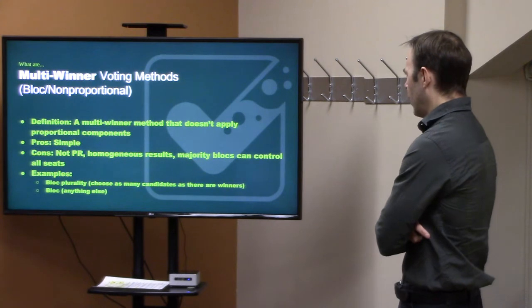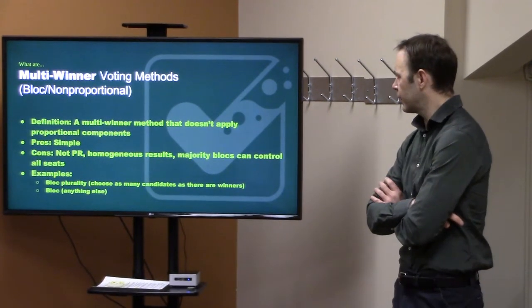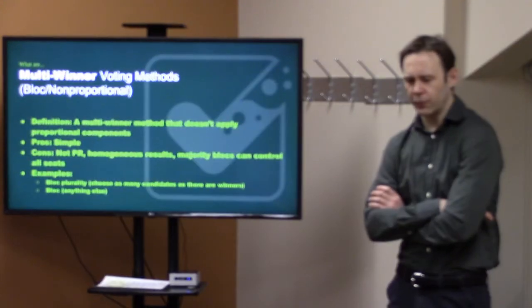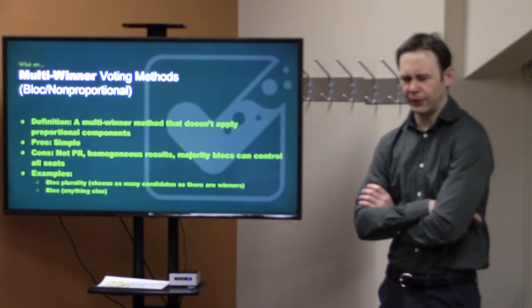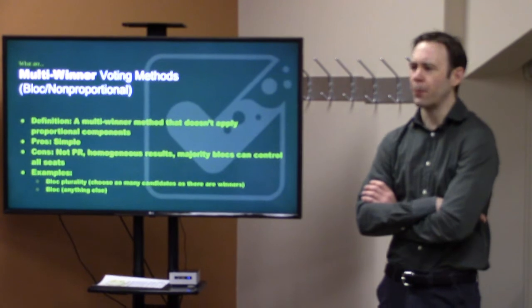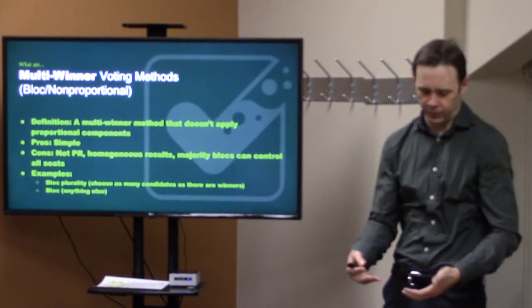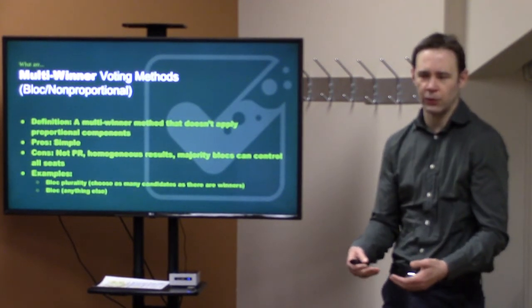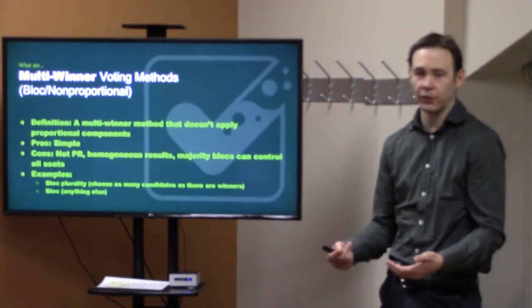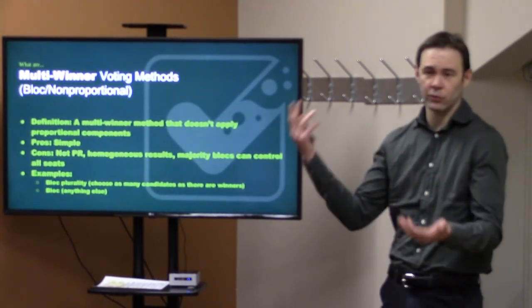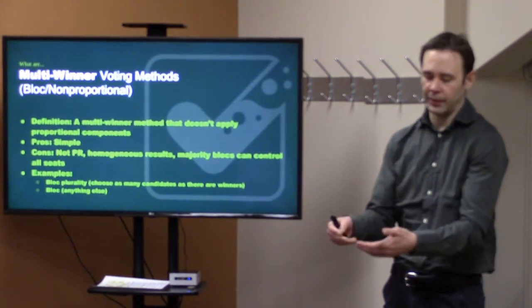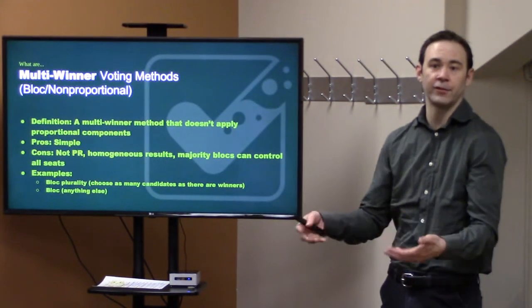Here, probably the way that you're most used to seeing this is, say you're electing a council, and you've got 7 people on your council. You're looking at your ballot, and it tells you to choose as many candidates as there are seats to be filled. So there are 7 people on the council, say there are 20 candidates, and the ballot tells you to choose no more than 7.